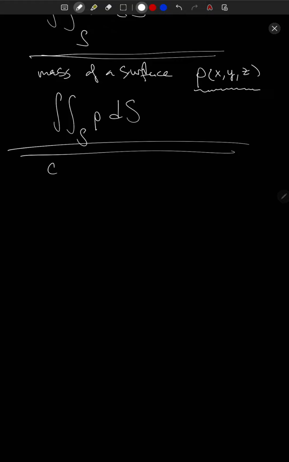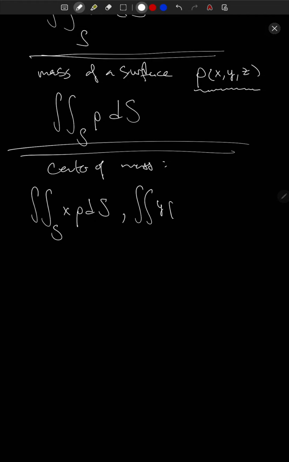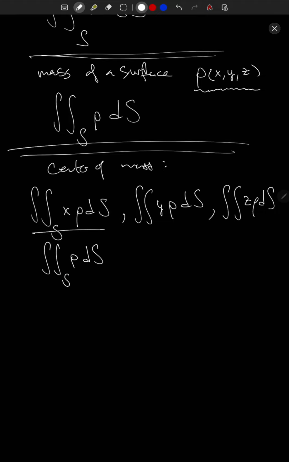And so now the center of mass would be the average x coordinate, weighted by the density, comma average y coordinate, density, average z coordinate, density. If you're uniformly dense, rho would just be a constant, and that would make your life a lot easier. And then of course divided by the total mass.